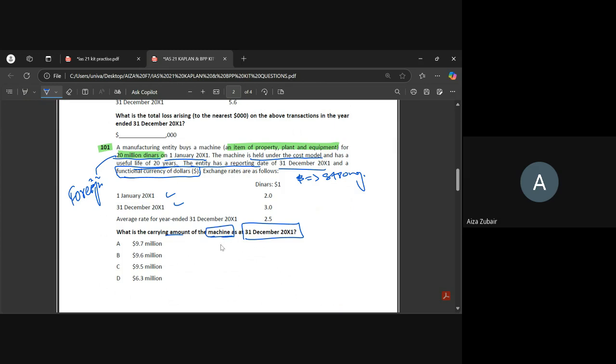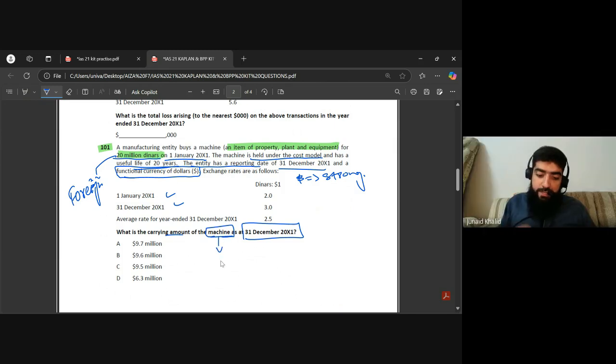But wouldn't it be divided by two? Very good. It will be. It means it's a historic rate, right? Historic rate is basically the rate at which the asset was purchased. This 31st December is basically the reporting rate, or we can also call it the closing rate, right? Right. Okay.